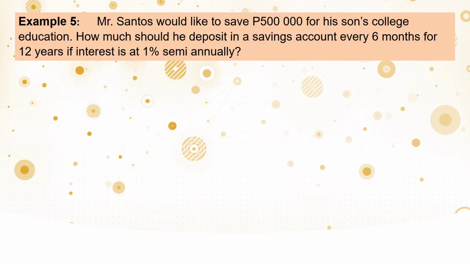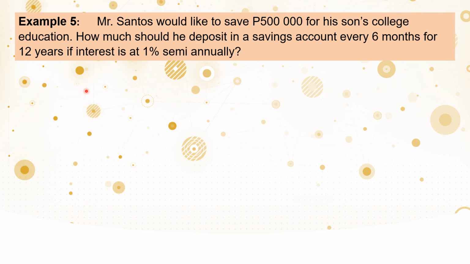And for the last example, we have Mr. Santos would like to save 500,000 for his son's college education. How much should he deposit in a savings account every 6 months for 12 years? If interest is at 1% semi-annually.